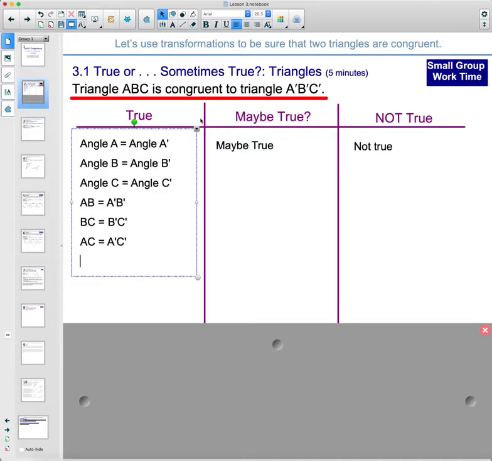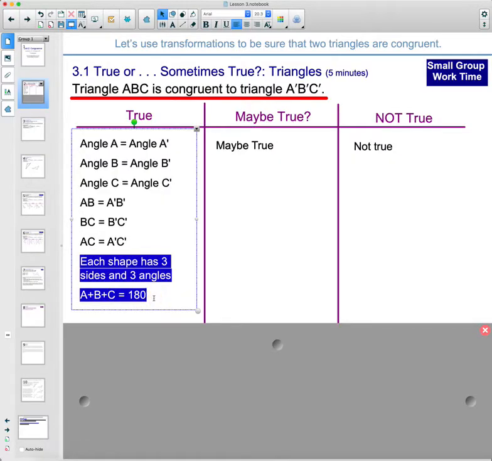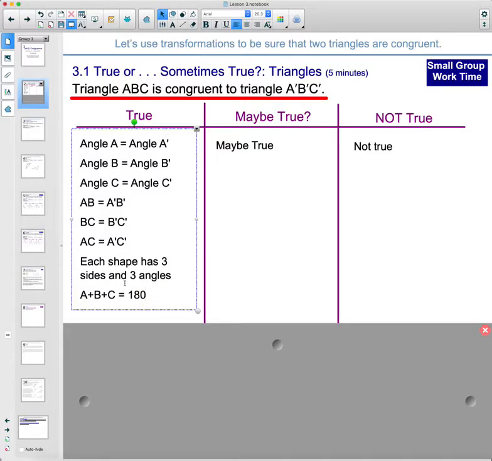You could say some things like, we know each shape has 3 sides and 3 angles. You could have said that angle A plus B plus C equals 180, which doesn't have anything to do with whether or not the two shapes are congruent, but they are things that you definitely know about the two figures.